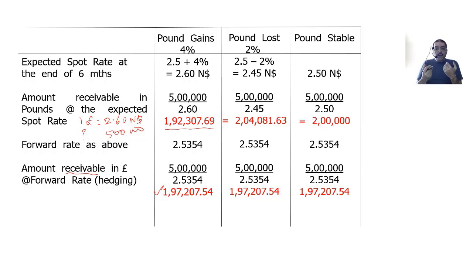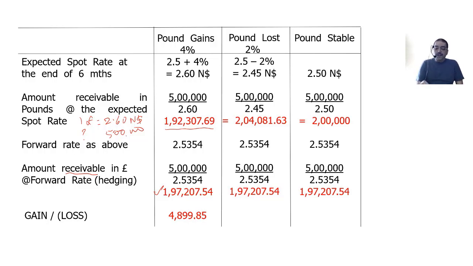So in future, whatever may be the rate of exchange, I will get it at 2.5354. Had I not entered into a forward contract, I would have got 1,92,307. So by taking forward cover, I have made a profit, and that profit is equal to 4,899.85.